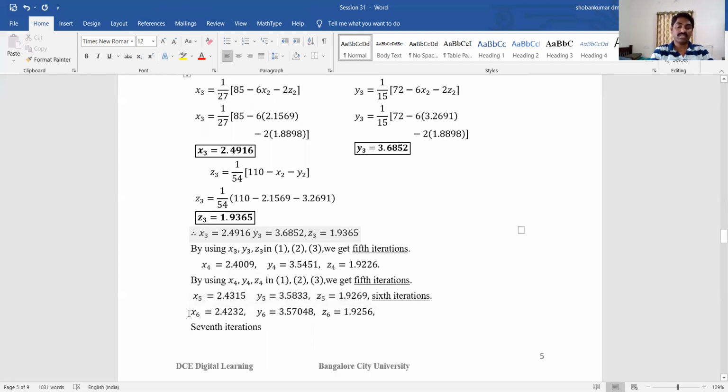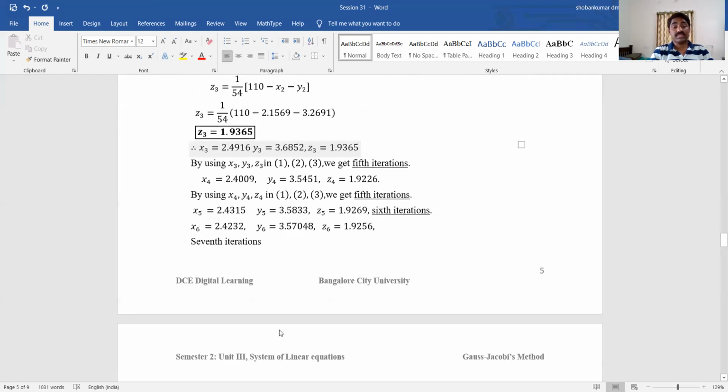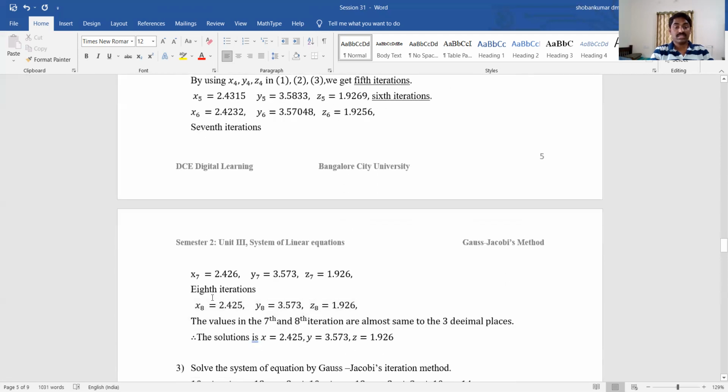The sixth iterations are x6 is equal to 2.4232, y6 is equal to 3.57048, z6 is equal to 1.9256. With these, the seventh iterations are x7 is equal to 2.426, y7 is equal to 3.573, z7 is equal to 1.926.